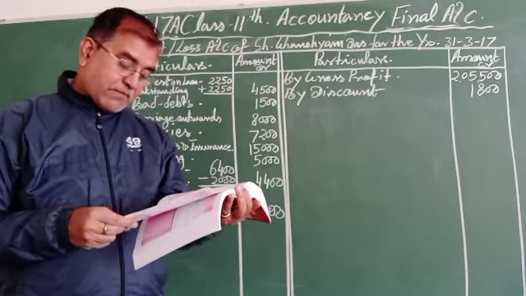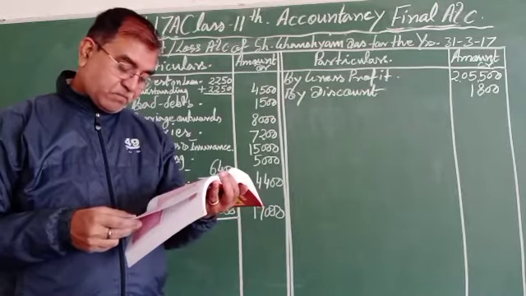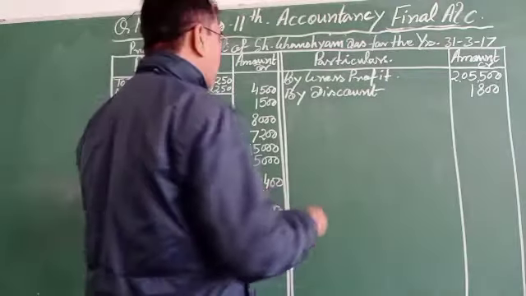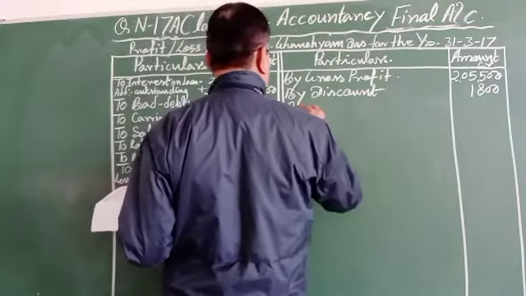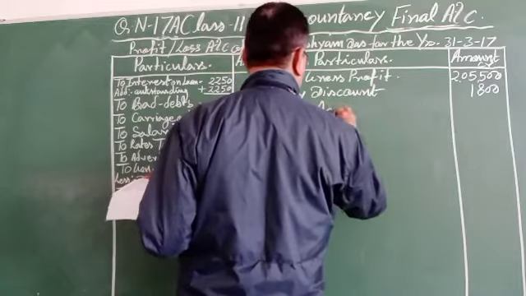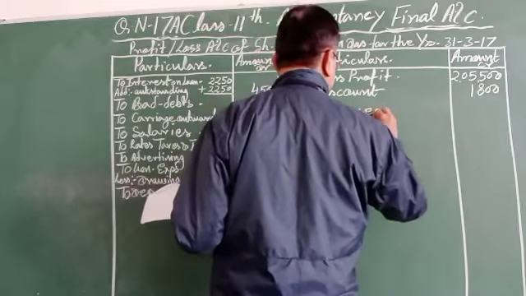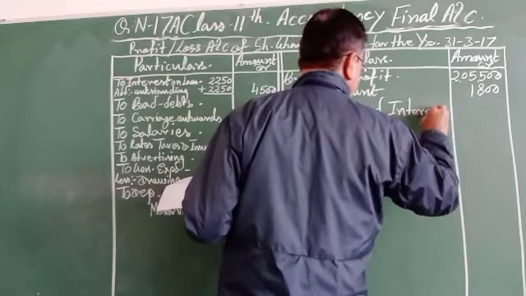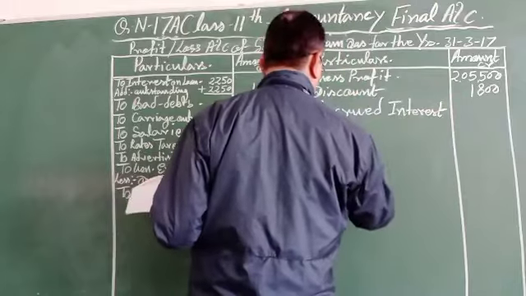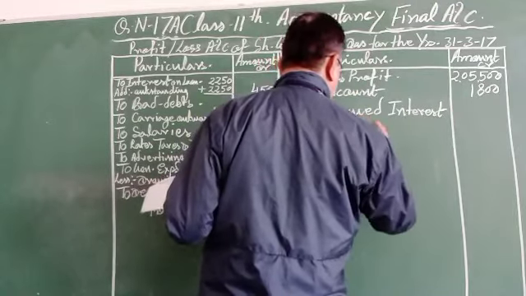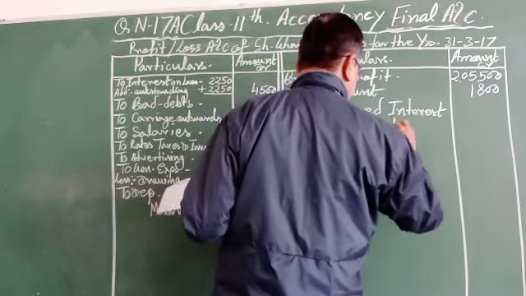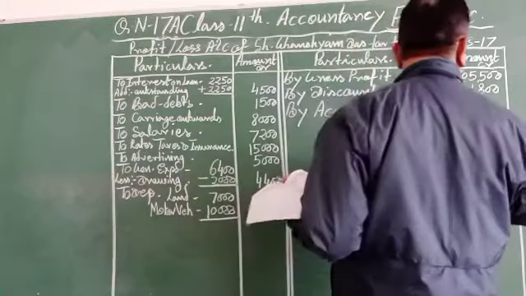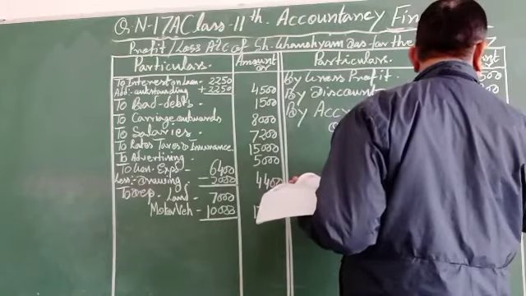Whatever the amount of investment given, 16,000, so accrued interest on investment will be 1,600.